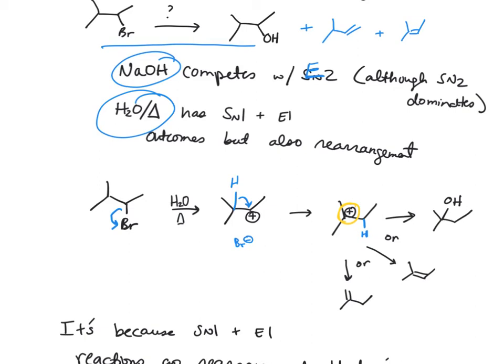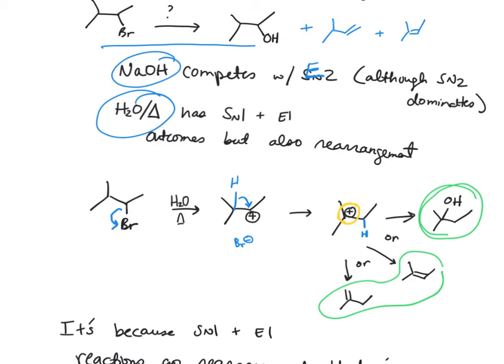And what this means is that water can serve as a nucleophile and come in, and after a deprotonation step you get this product that was not the one you wanted. And you can also get elimination from those two products to get these two alkenes, which in one case is a different alkene than the one that we started with.